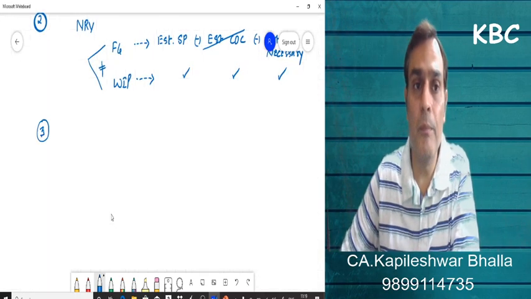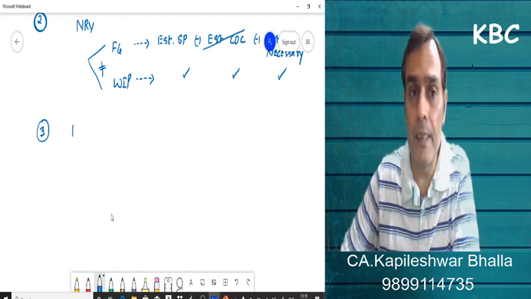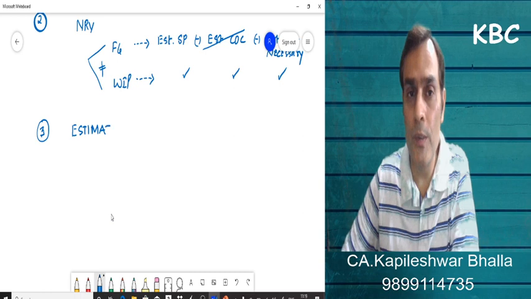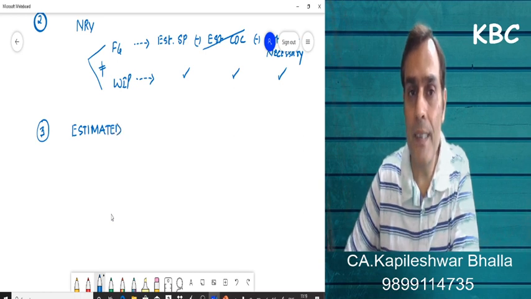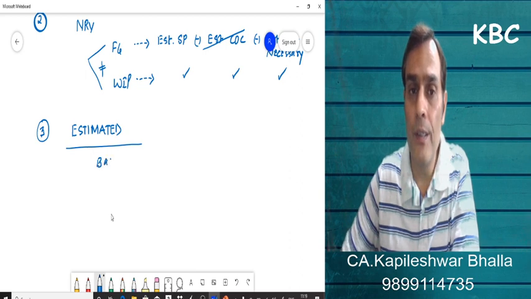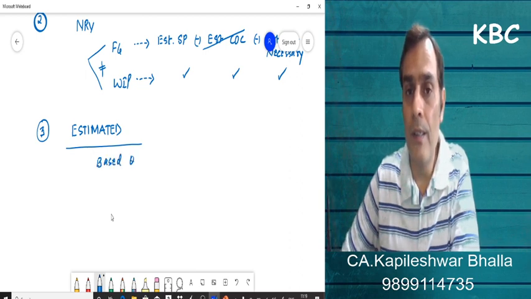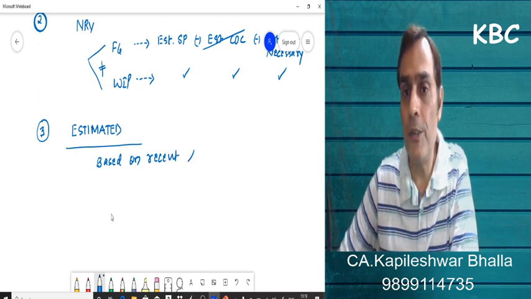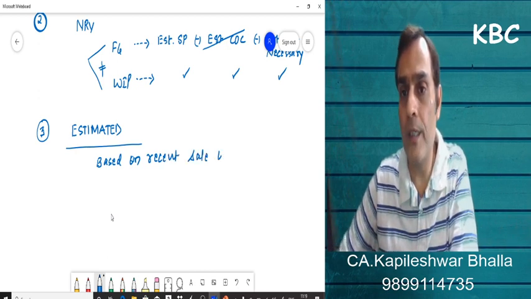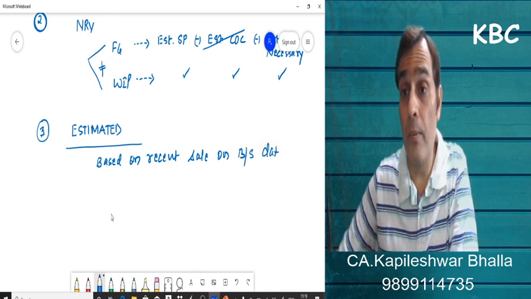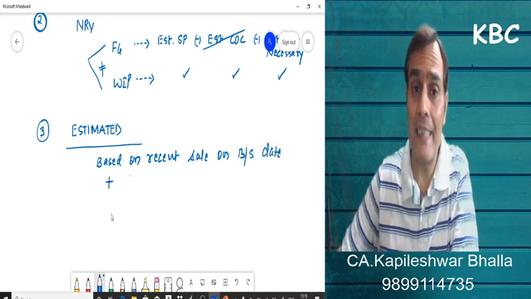Number 3, we made a focus on the word estimation. When we use the word estimated, we said that the estimation is done based on recent sale on balance sheet date plus the impact of Ind AS 10.